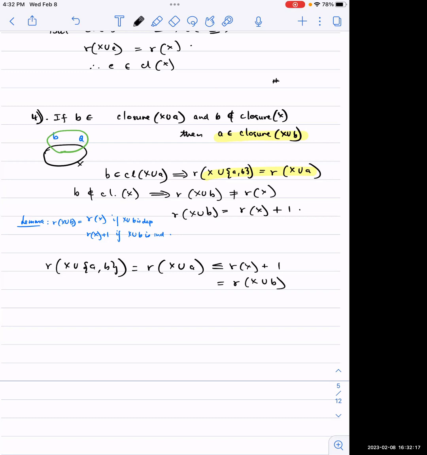We have the rank of X union AB is equal to the rank of X union B. Therefore, A is in the closure of X union B. Okay, so that's it. That was one direction of the equivalence of the axiom systems. So independent axioms are equivalent to the closure axioms. And we will skip this one, as we've skipped all the other ones like it.